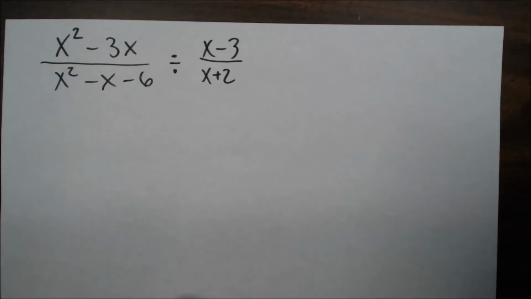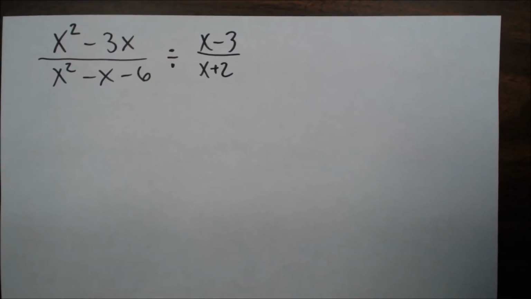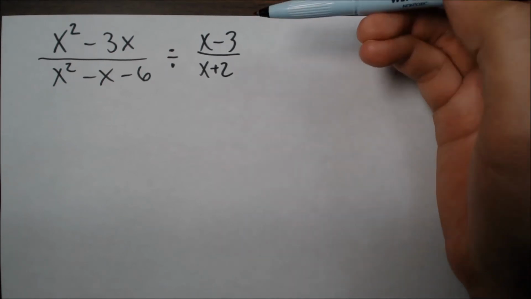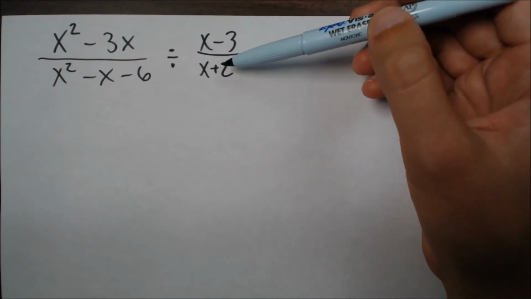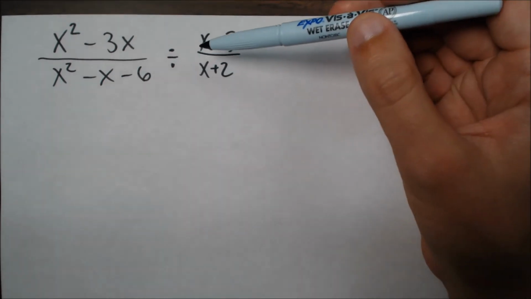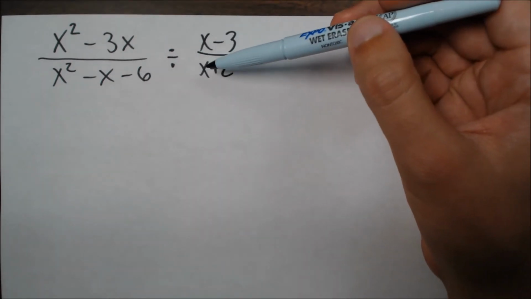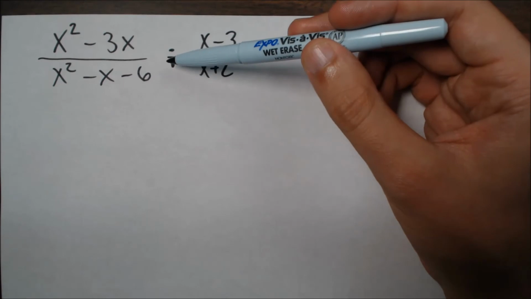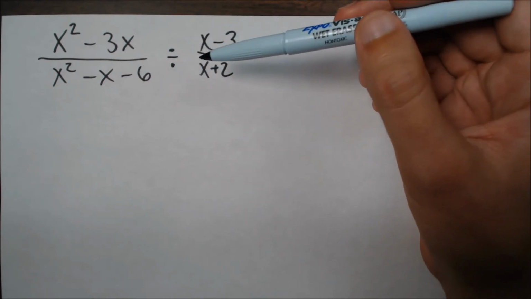And one last problem, let's do an example for division. Now when we divide rational expressions, actually all this is multiplication. Remember that anytime you divide by a fraction, it's the same thing as multiplying by its reciprocal. A reciprocal is when you flip a fraction upside down. So instead of dividing by x minus 3 over x plus 2, I'm going to rewrite this as multiplying by x plus 2 over x minus 3.